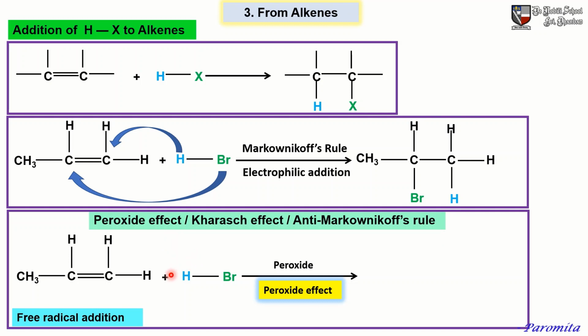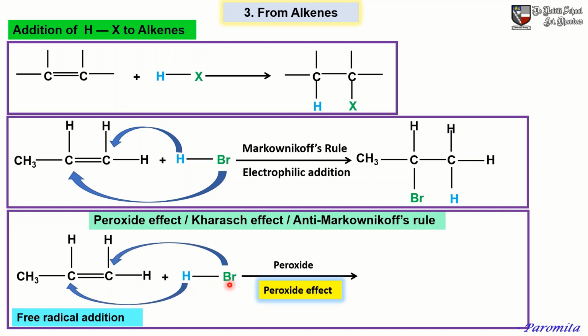So what will happen if HBr is added to an unsymmetrical alkene like propene in the presence of peroxide? This peroxide can be hydrogen peroxide or it can be any organic peroxide. So when HBr is added to an unsymmetrical alkene, the negative part of the addendum will go to that carbon atom which contains more number of hydrogen atoms.